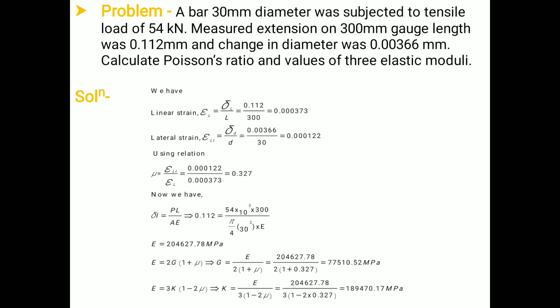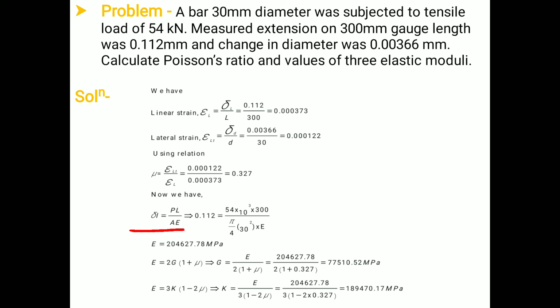Now in the numerical, we have to find out the value of 3 elastic moduli, E, G, and K. As per the data given, we can find E in the following manner. We have delta L equal to PL by AE. The value of P is 54 kilonewton, so it is 54 into 10 raised to 3 Newton. The value of L is 300 mm.